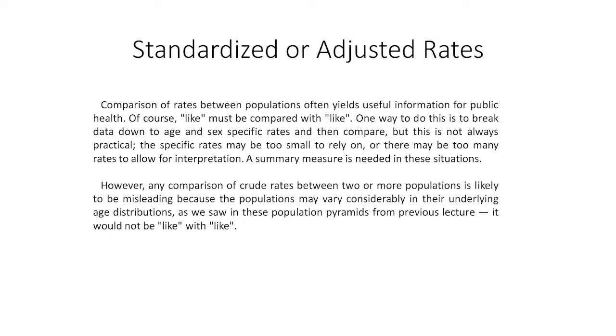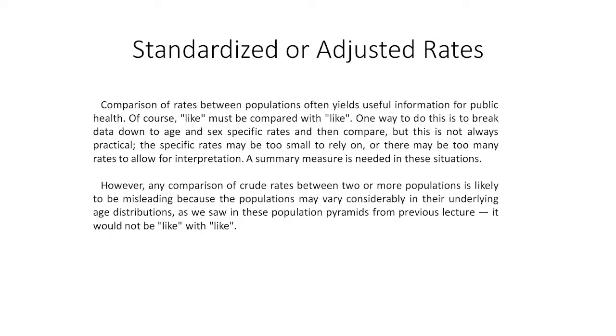In the previous lesson, we talked about standardized or adjusted rates. Comparison of rates between populations often yields useful information for public health. Of course, like must be compared with like.